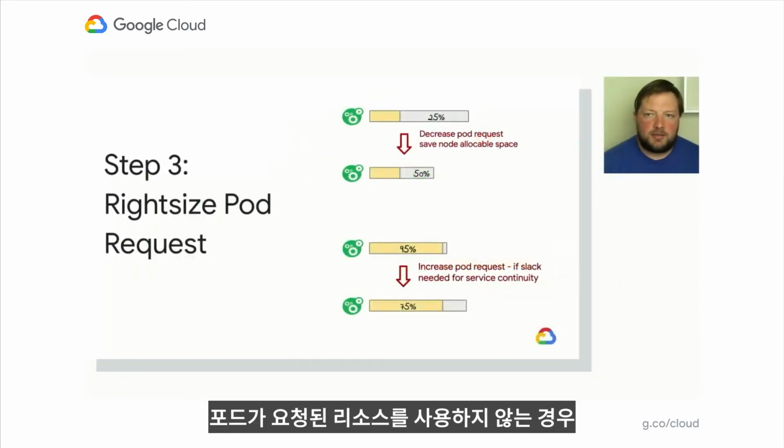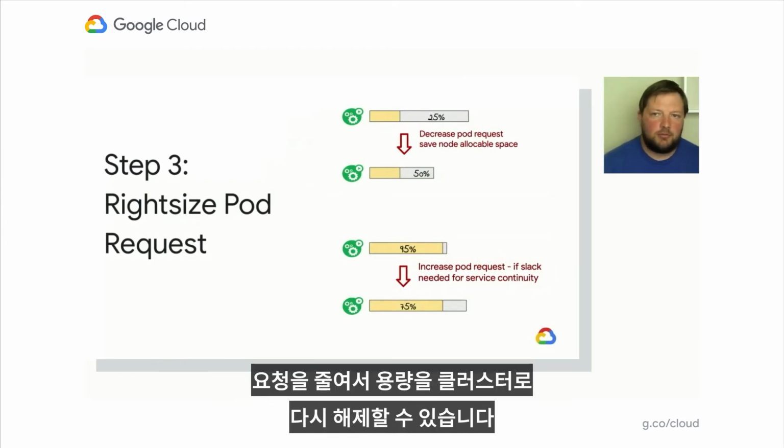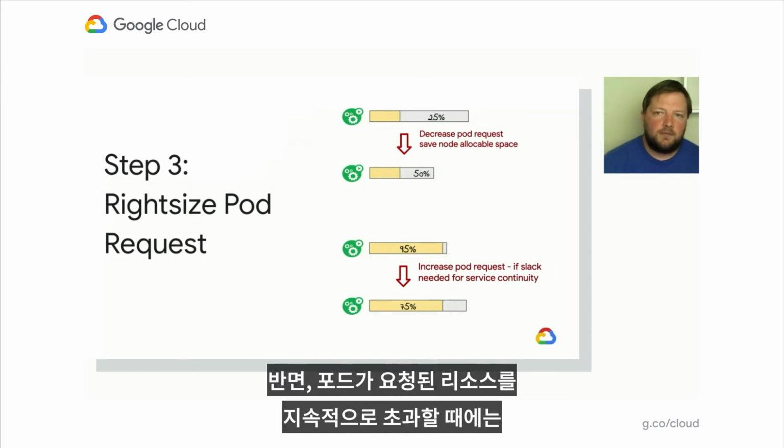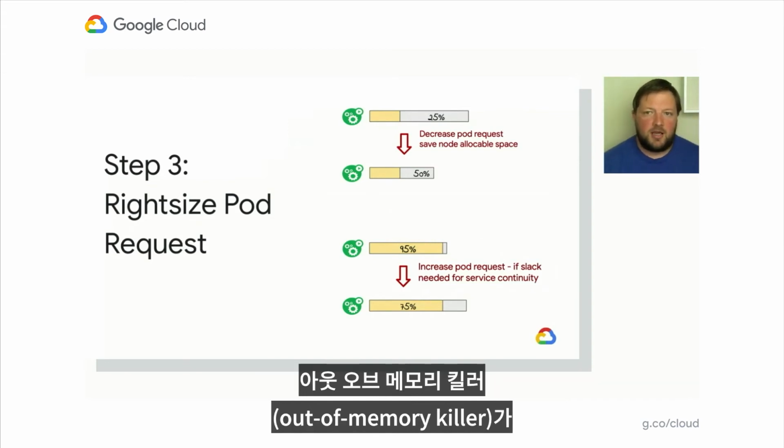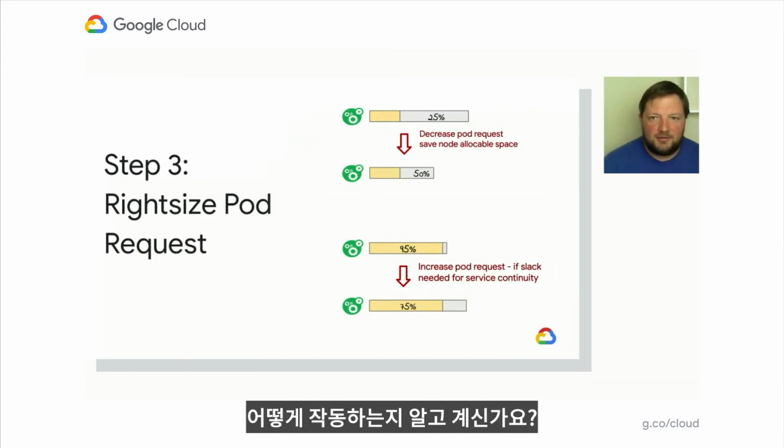If your pod isn't utilizing the requested resources, you can reduce the request, which will release the capacity back to the cluster. If your pod is consistently overutilizing the requested resources, then you may need to increase requests in order to improve service continuity. Have you seen out-of-memory killer in action?